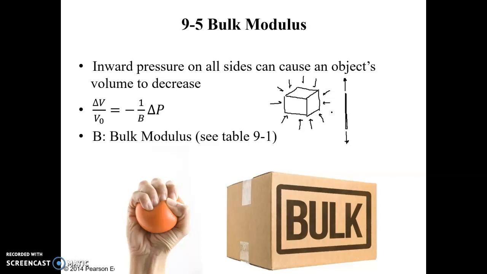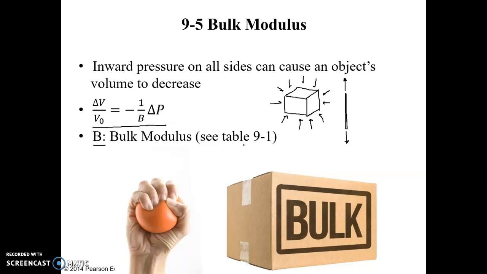How can we calculate the amount of volume change we can expect based on a pressure difference? Well, here's a formula right here. So the change in volume compared to the original volume is equal to -1 over B times delta P, where delta P is the pressure difference, and B is a new term we're introducing called the bulk modulus.